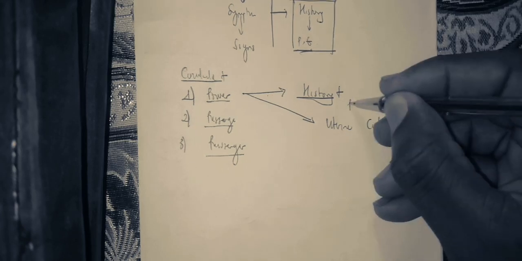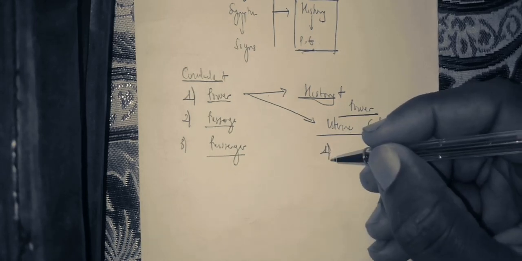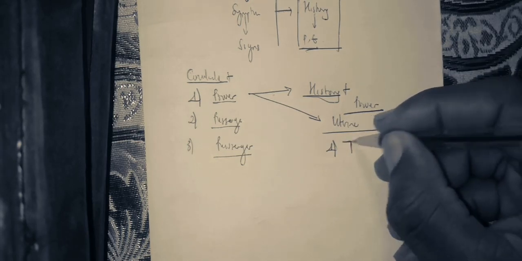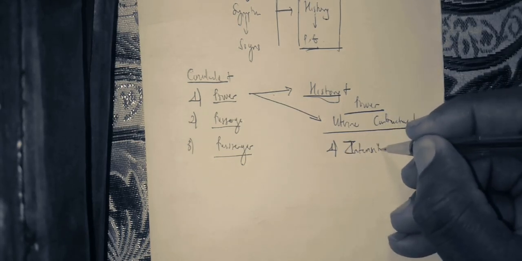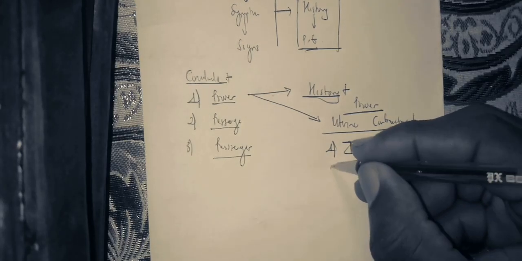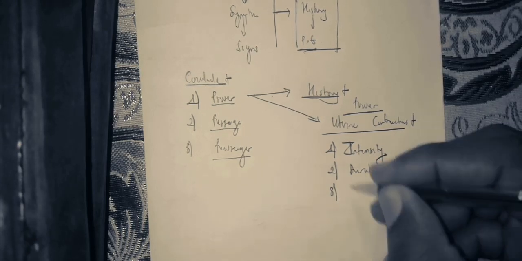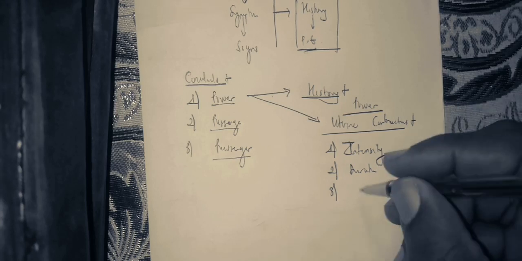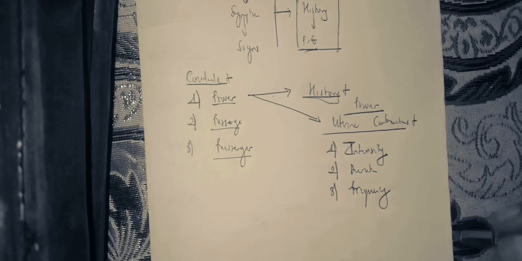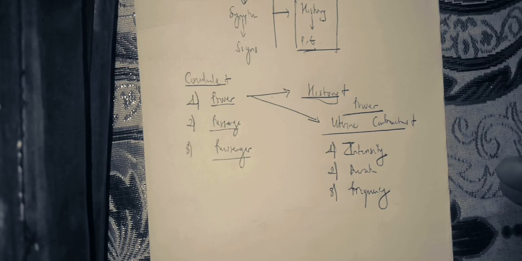The elements of the power: one, the intensity of uterine contraction. You have the duration of uterine contraction. The third element after duration, you can speak now of the frequency of uterine contractions. Those are the three major elements that you must speak about when you speak about the power of uterine contraction.